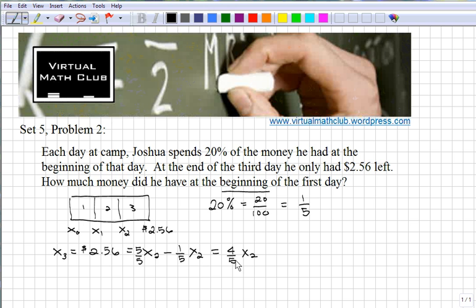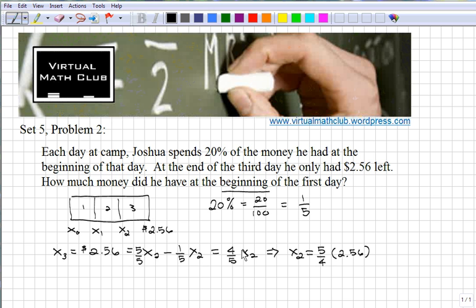So if 4/5 x2 is equal to $2.56, we can easily calculate x2, right? I'm just going to write this out: x2 is equal to 5/4 times $2.56.